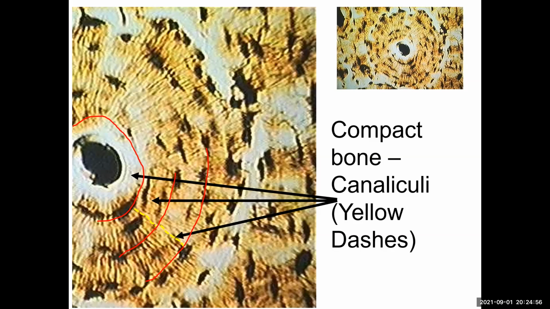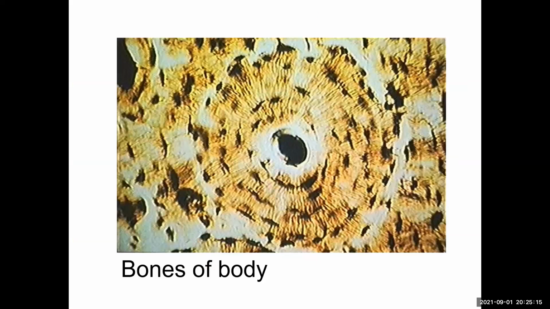It's like prisoners in jail. If you're in your jail cell, how do they communicate with one another? There's different ways. They'll pass things to each other through the bars or whatever. So these canaliculi are just a way for the osteocytes to communicate with one another. So we'll find compact bone in, obviously, the bones of our body.